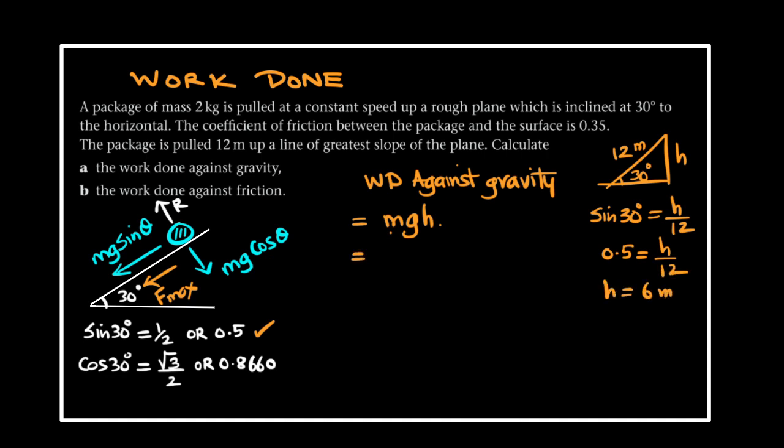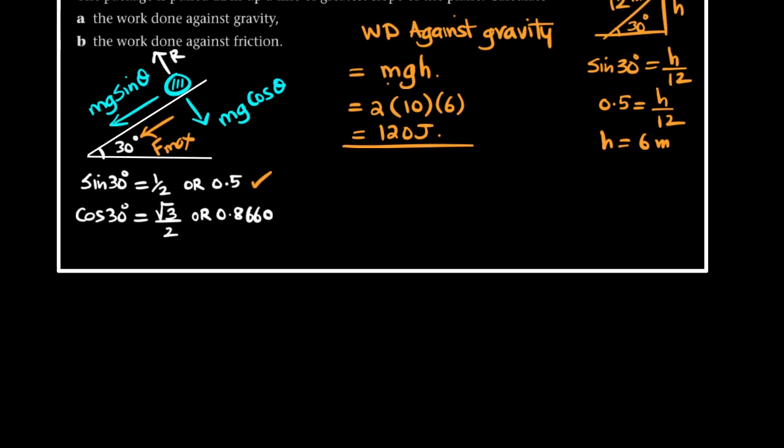So I can use m as 2, g as 10, h as 6. So this comes out to be 120 joules. That's one approach. What is the other approach? The other approach is work done against gravity is defined as mg sine theta into distance along the plane.